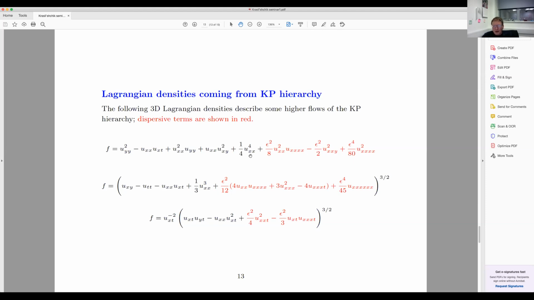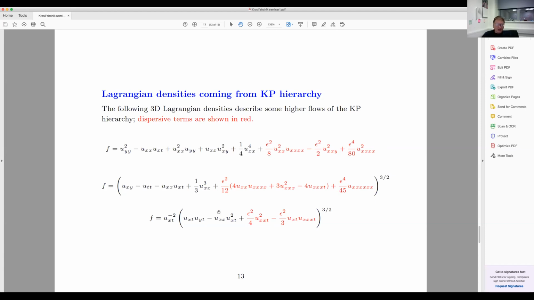So it's no longer quasi-linear. If you cross out these red terms, you get a flow of the dispersionless KP. If you add the red terms, it's the full dispersive KP. And you see this sum is finite. You don't need anything else. So this dispersionless Lagrangian possesses this dispersive extension, which contains only finitely many terms.